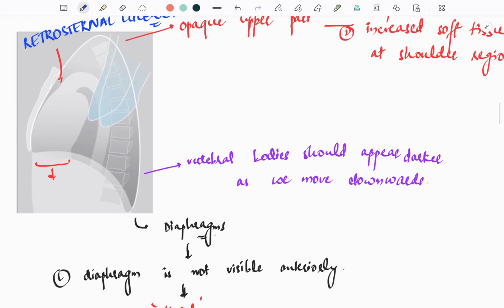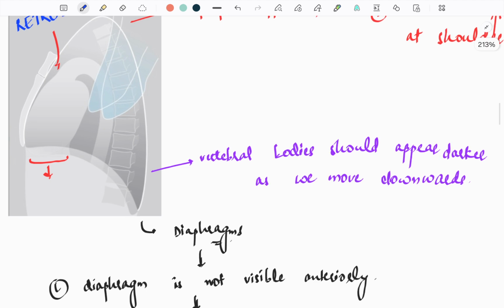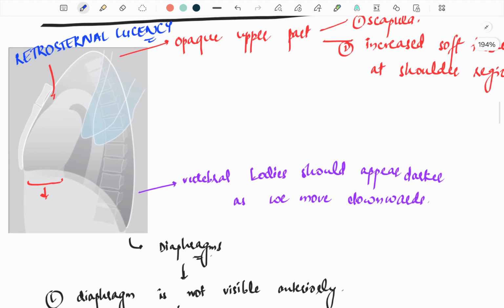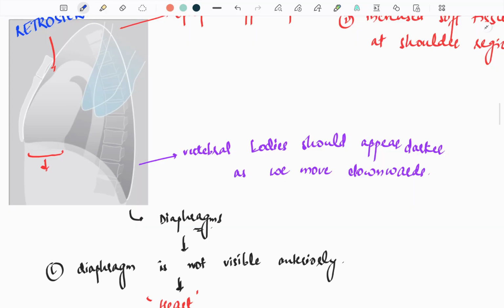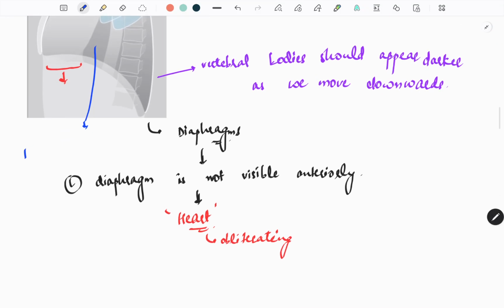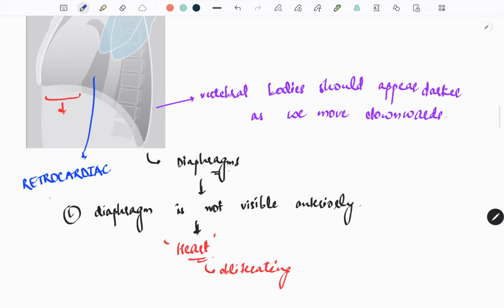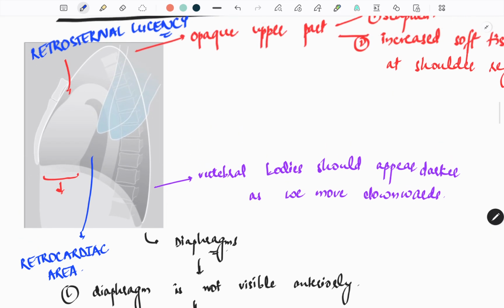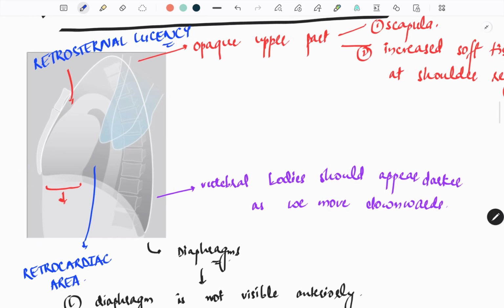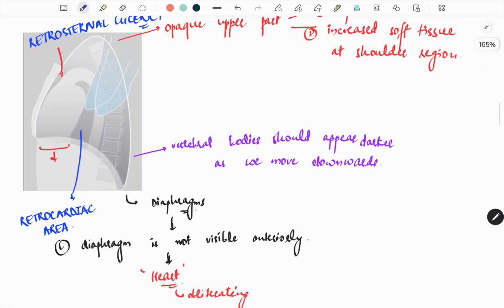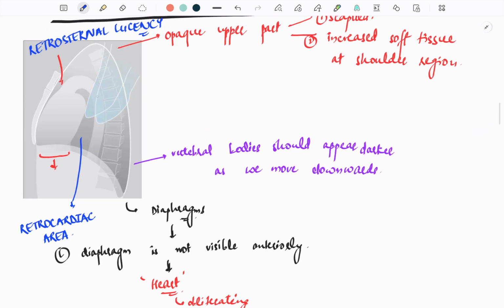The retrocardiac area should also be properly assessed, and the hila.